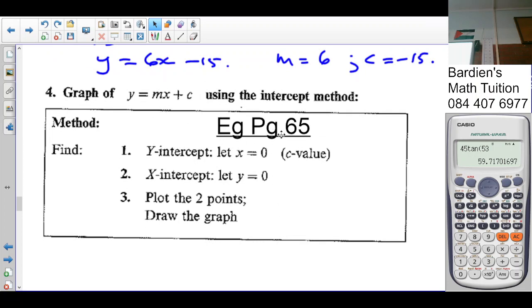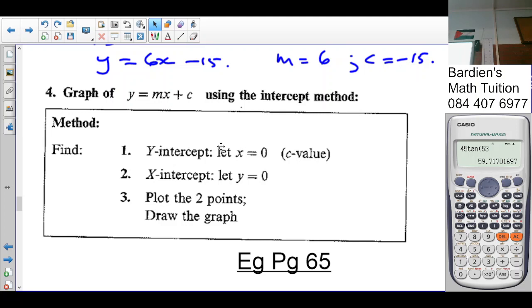I need you to write this down. Method: number 1, y-intercept, let x equal 0. Number 2, x-intercept, let y equal 0. Number 3, plot the 2 points and draw the graph.